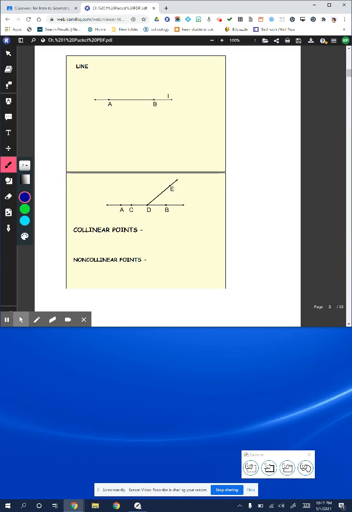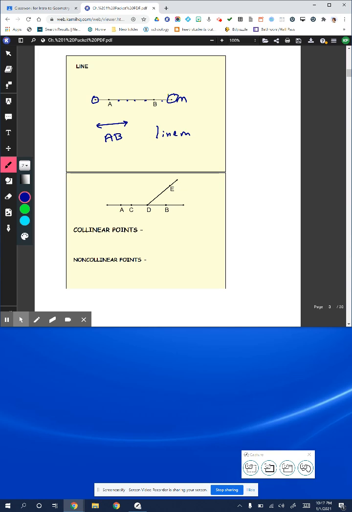A line could be called line AB, which we talked about before, with the arrows to signify I'm talking about line AB. Or it could have a little letter at the edge of one of the arrows, and it could be called line M that way with a small letter. And it's made up of a system of points. So there are an infinite number of points that I can put on a line, and it keeps going because of the arrows. So all the way left, all the way right.